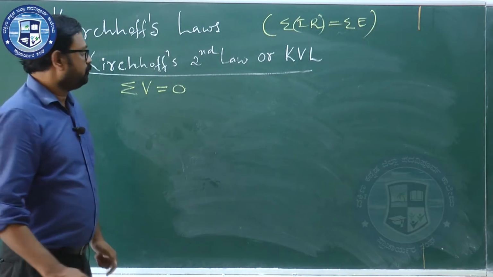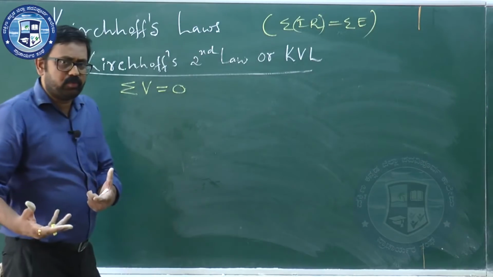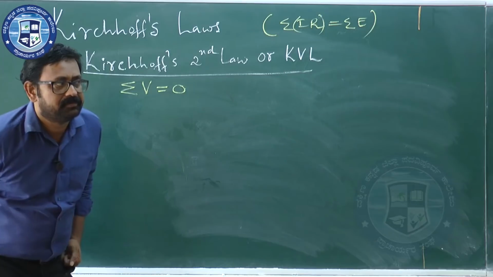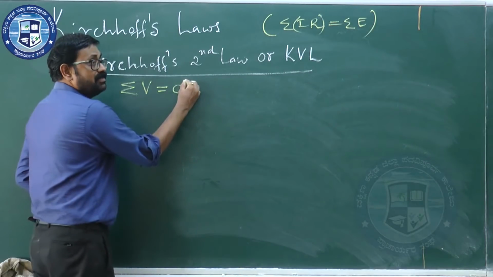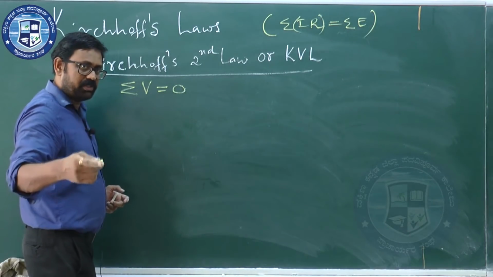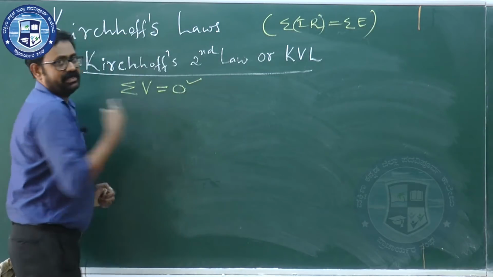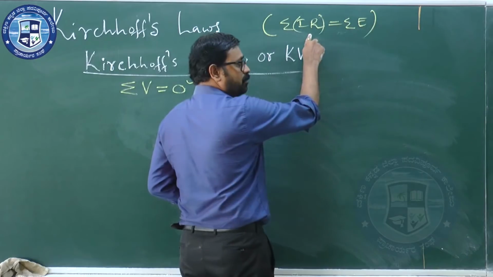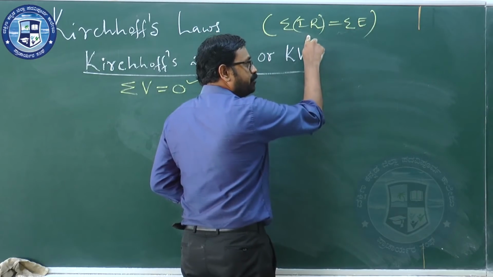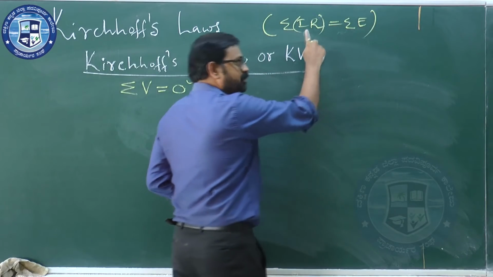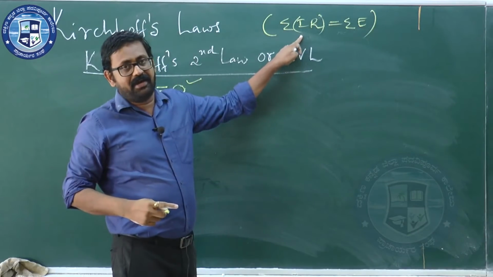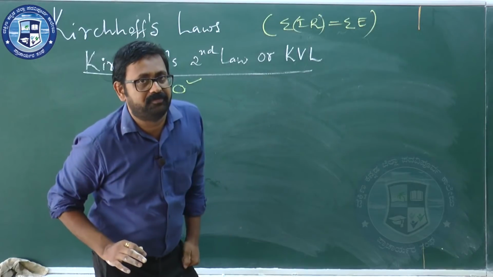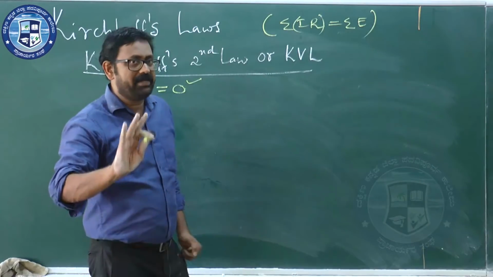But when I explain how to apply KVL to a mesh or a loop, I'll give sign conventions which are valid for this particular statement. Suppose you go for this particular statement and you try to apply Kirchhoff's voltage law to the mesh or a loop using this idea, there is a small change in the sign convention which you are supposed to follow. So make it clear.